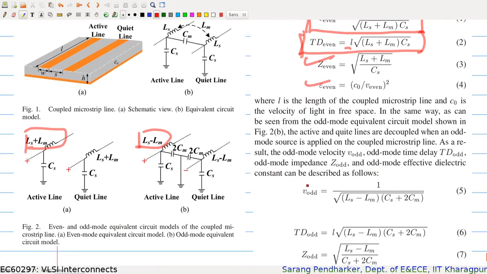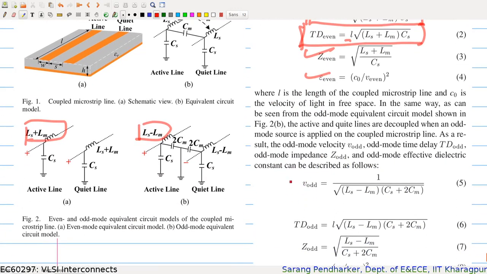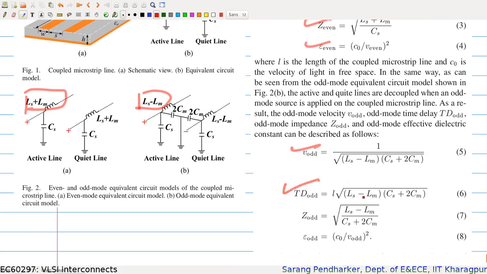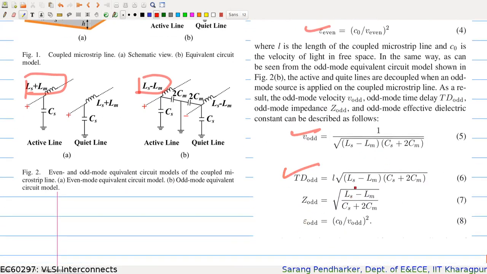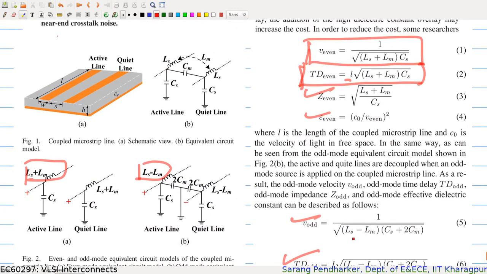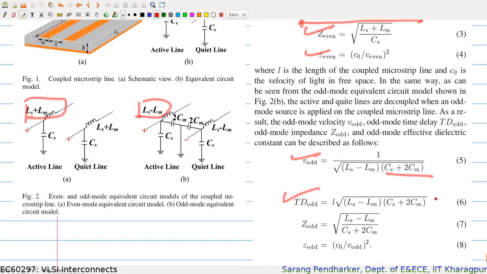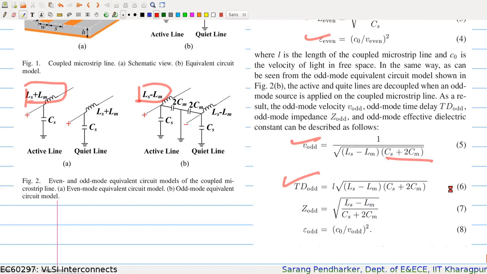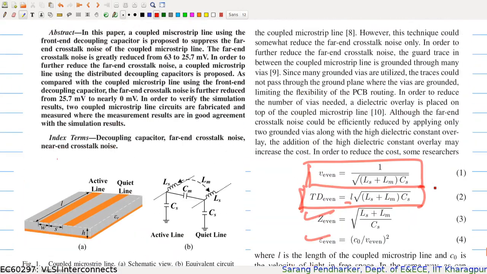And similarly you have V odd, TD odd. So these things now will make sense to you, that how suddenly they start writing this Ls plus Lm, and for the odd case they start writing Ls minus Lm. So with this, the theory which we have studied should make it clear how to deal with these papers.